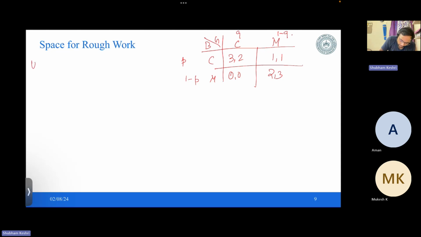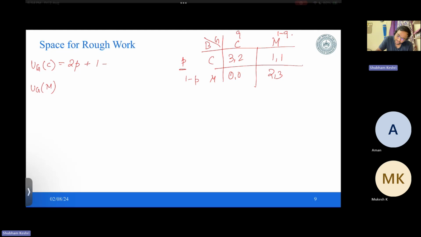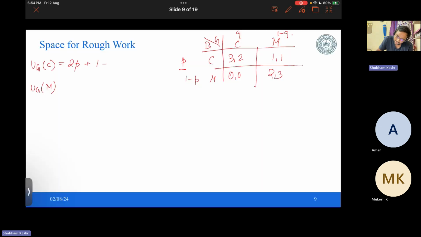Now what are we saying? We have to obtain the utility of the girl when she is playing cricket and the utility of the girl when she is playing movie. What is the utility of the girl when she is playing cricket? The boy is playing the strategy P for cricket and 1 minus P for movie. So it will be 2P plus, not 1, it will be 0 times 1 minus P. So it will be 2P.